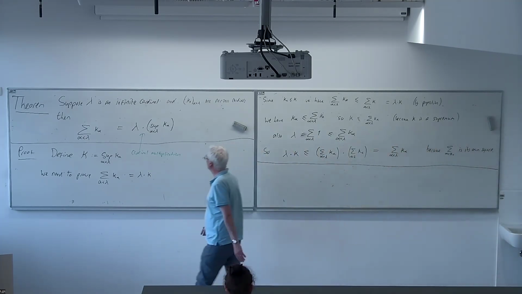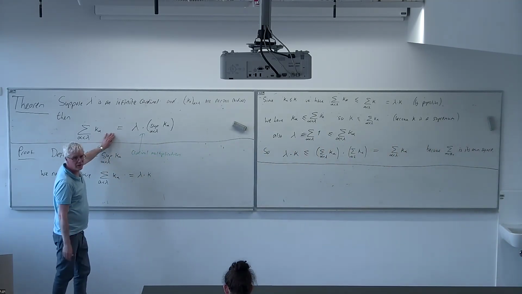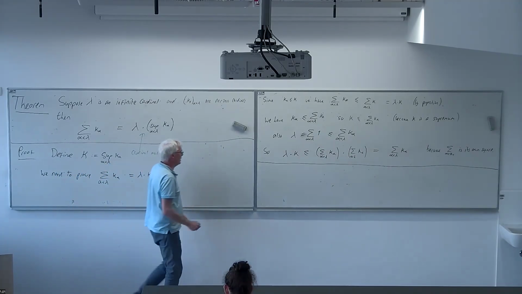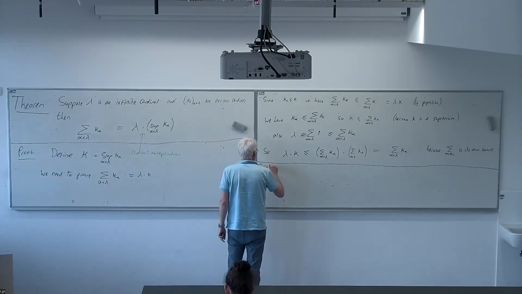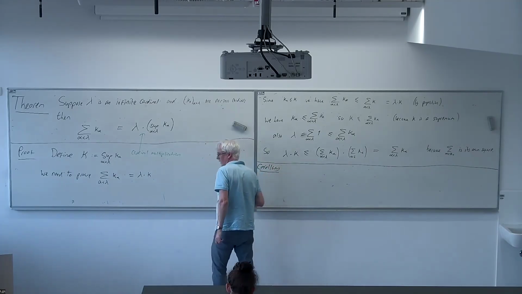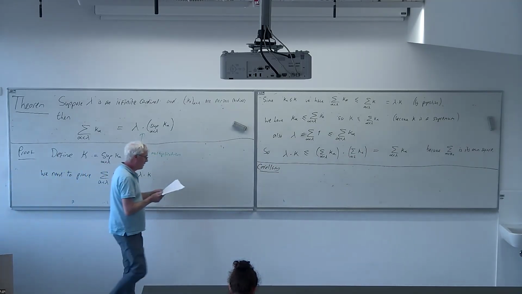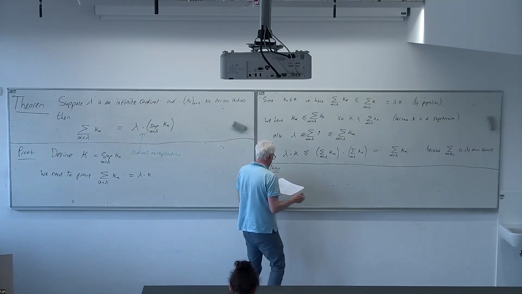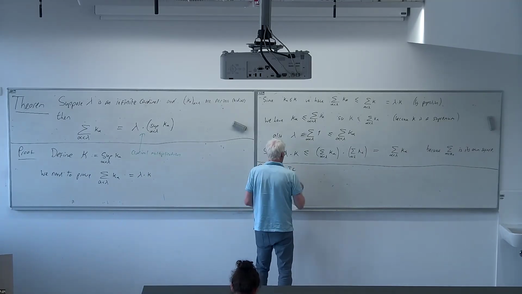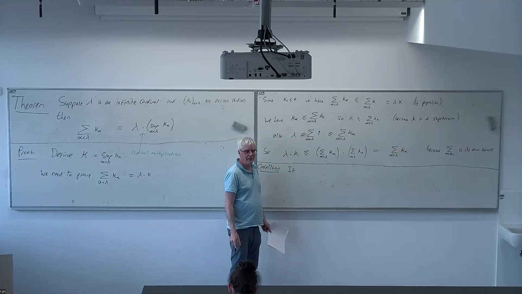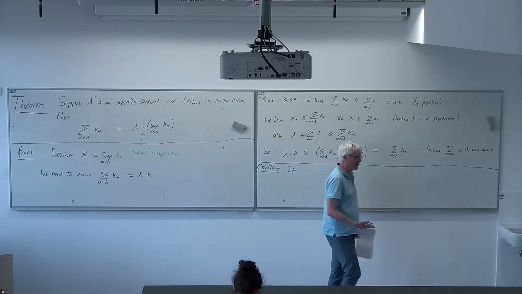And this formula basically tells us everything we need to know about cardinal sums. So, for example, a corollary, and one can get lots of corollaries out of this, but I'll just do the one that's in the notes. This is often useful. I mean, in as much as cardinal arithmetic is useful, it's not the most useful. Set theory is a very useful subject, with a lot of applications in mathematics.